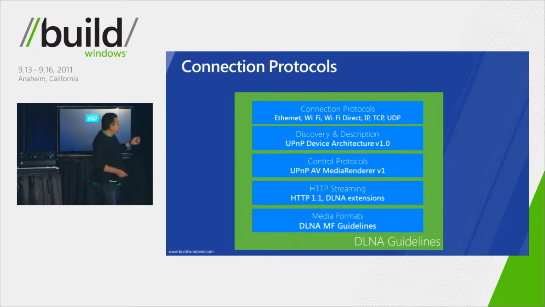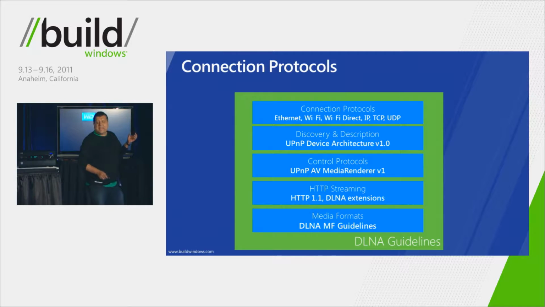The next layer is the streaming layer. And streaming is about 2 things, yes? The first thing about streaming is how to deliver the bits in a timely manner. And the second thing is how we can do trick modes using streaming protocols. The DLNA has selected HTTP as the main streaming protocol.